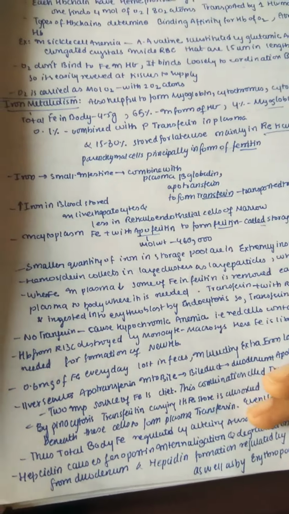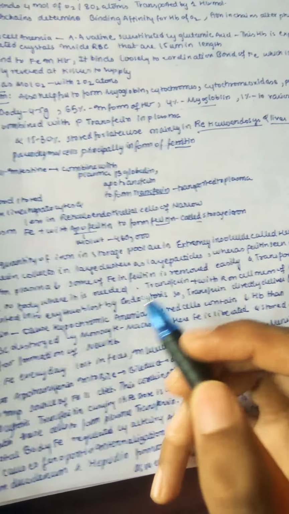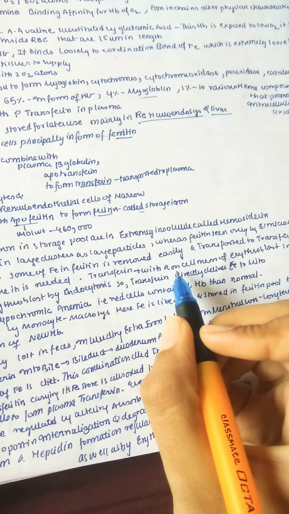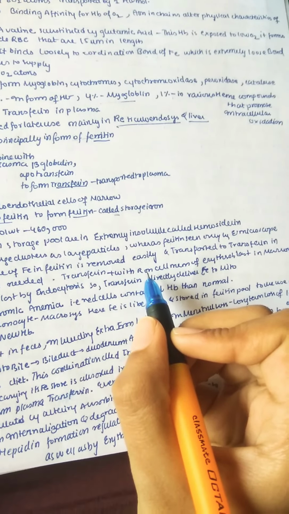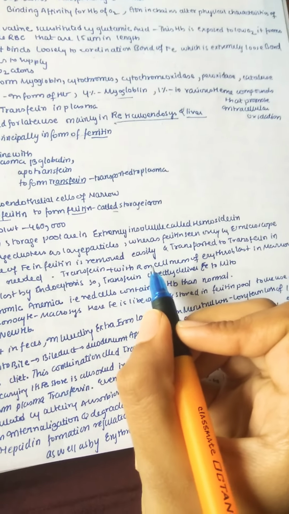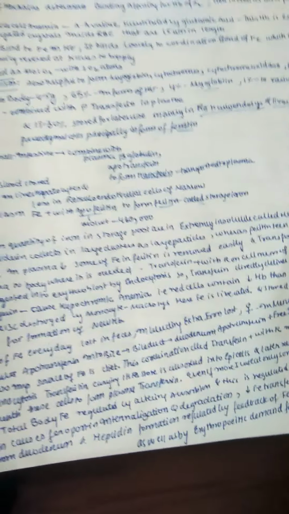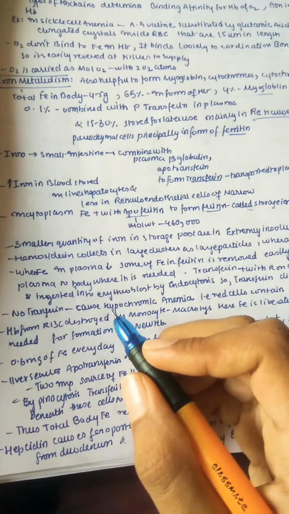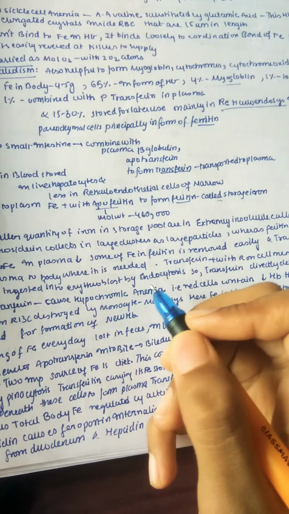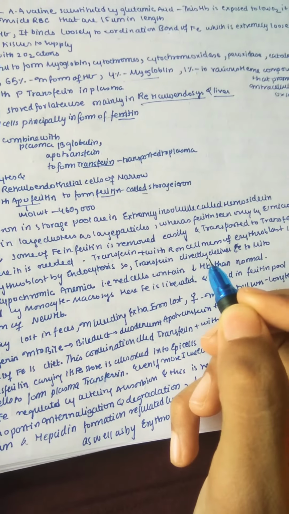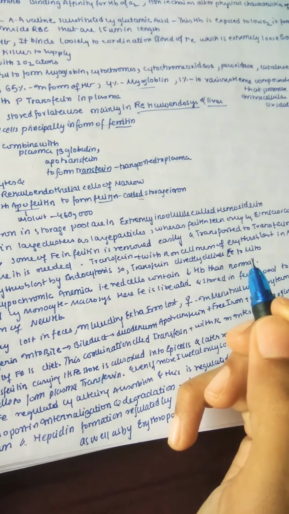The transferrin binds with receptors on the red cell membrane of erythroblasts in the bone marrow, and it is ingested into the erythroblast by endocytosis. So the transferrin directly delivers the iron to the mitochondria.